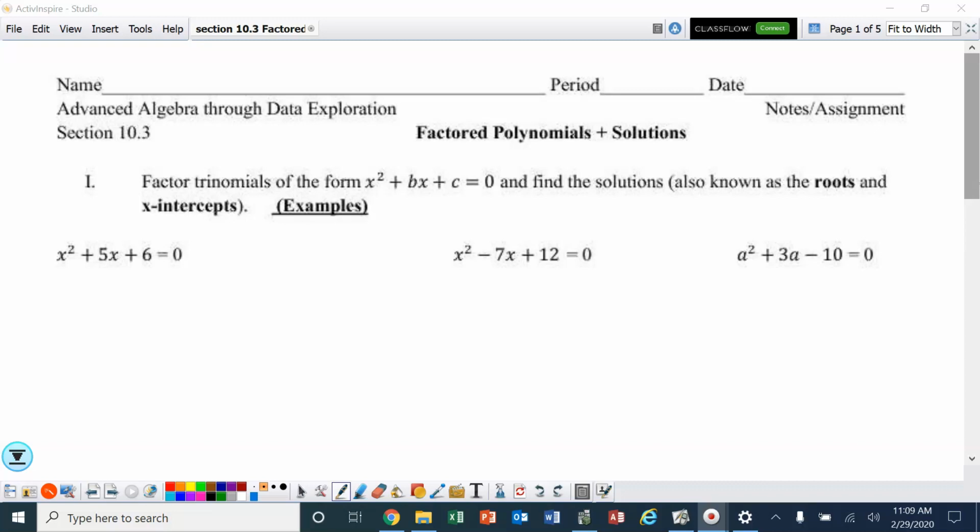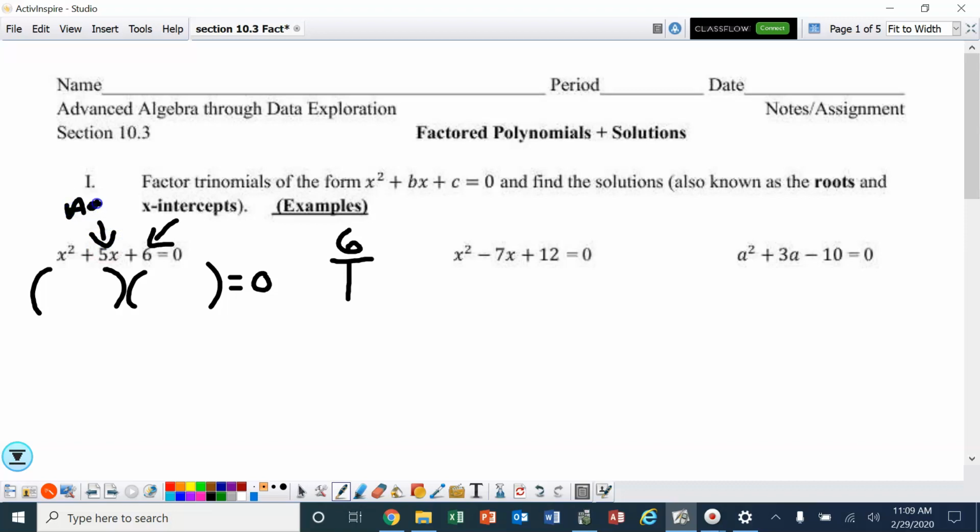So we're going to factor these polynomials. Remember, when we factor it, we're breaking it into two parts. We're going to split it into two binomials. So we want to know what factors of 6 will add to 5.